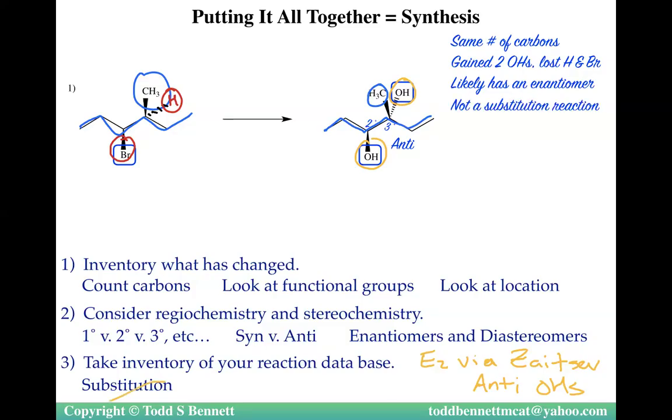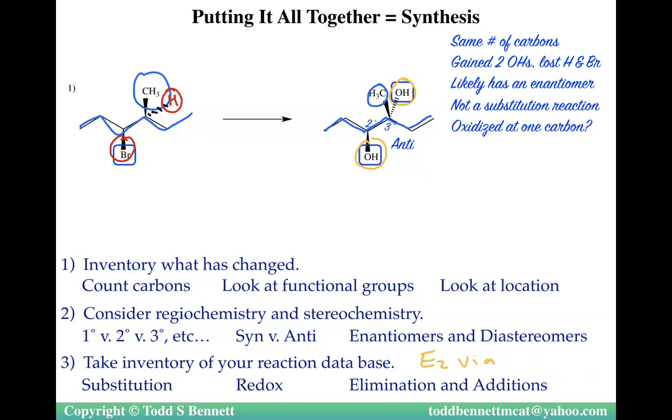So that one's gone. Redox, nah, it's kind of redox, but that's not really what we're doing. Elimination and addition, absolutely. So let me get rid of my words. But elimination, addition: you're doing E2 via Zaitsev. Elimination.